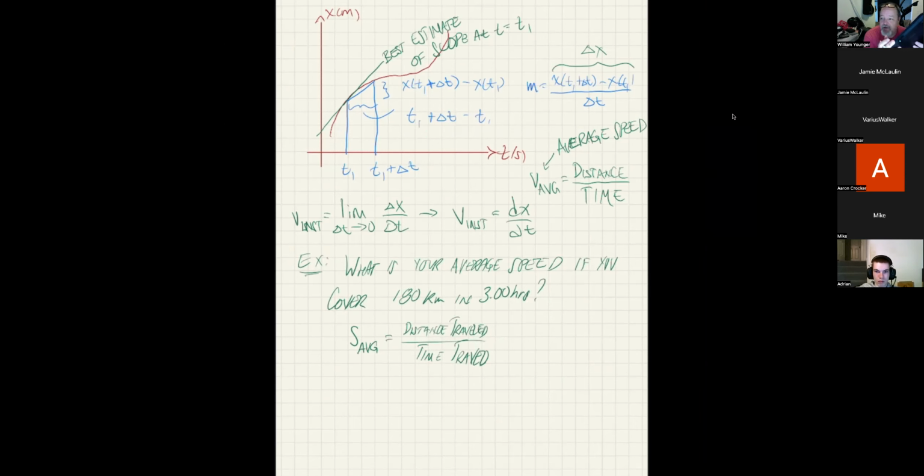And hour is a unit of? Time. Yep. And of course, per means divide. So you automatically should know that the average speed should be distance divided by time, just like your average miles per gallon is the miles you drove divided by the gallons you used. So in this case, we get 180 kilometers divided by 3.0 hours, which gives us 60 kilometers per hour.